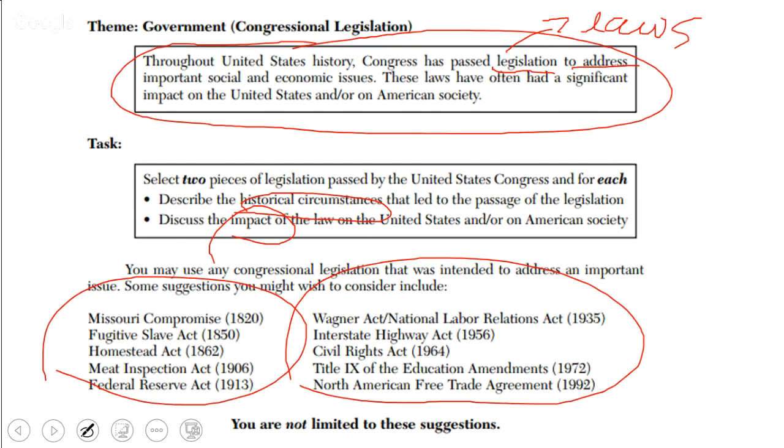Missouri, fugitive, homestead, meat inspection, and so on. So which two are you going to pick? It's really up to you. Here I'm going to give you two, which are both before the Civil War, and that's what you have learned. So maybe you should have some ideas.